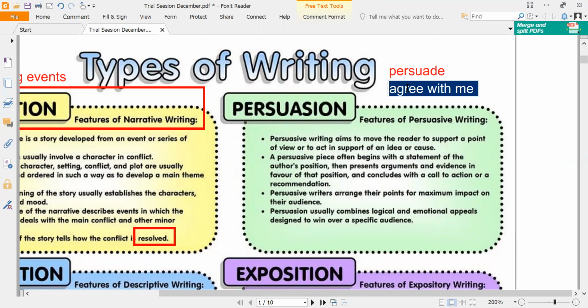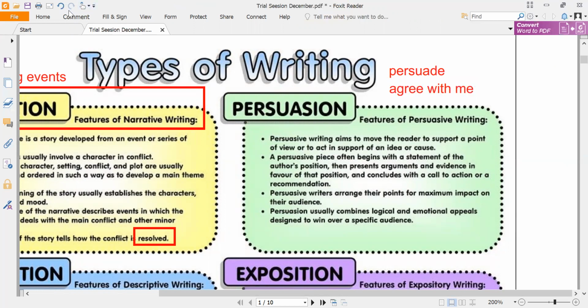So persuade means give people strong reasons to agree with you. You got the meaning now? Yes. Okay.